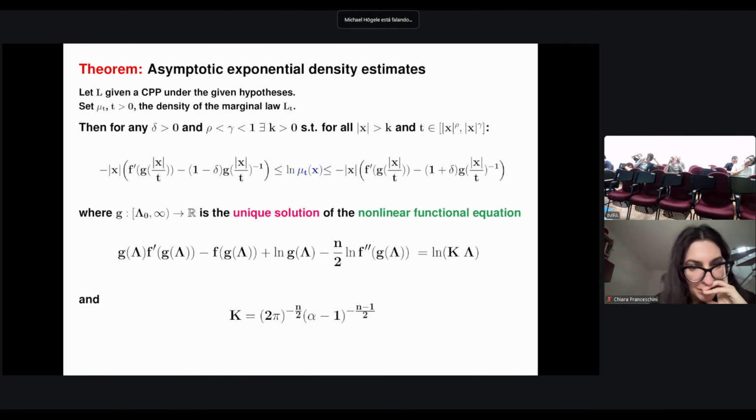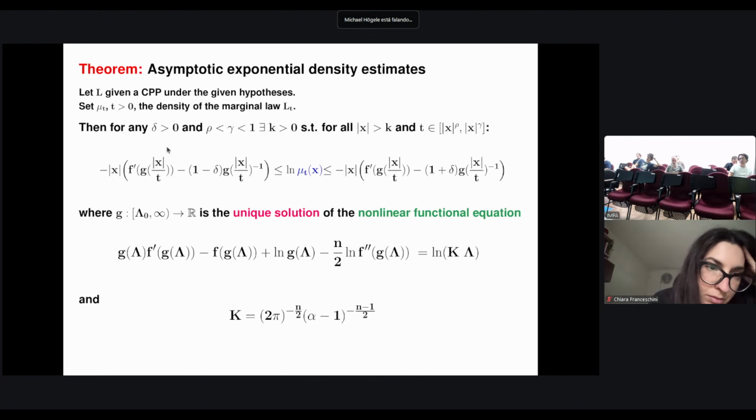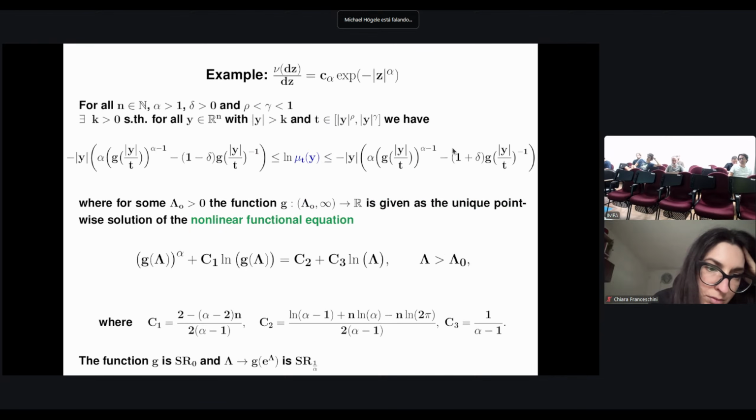This is why let's have a look at a simpler case in order to have a clearer feeling what this is. If we look at the density of this type with the power function, it looks like this. Here the f and the f primes are all removed, and you can just write the different powers we have for the estimate. And g is a function which satisfies that g to the alpha plus the logarithm of g is something like the logarithm.